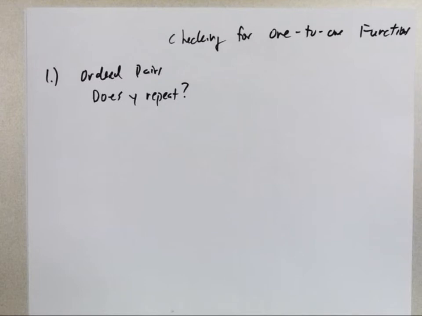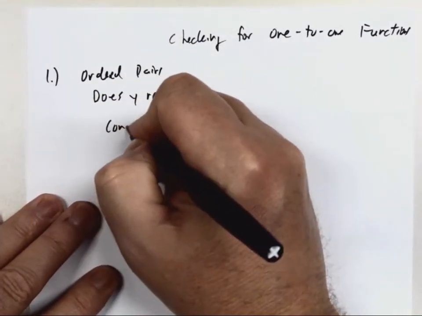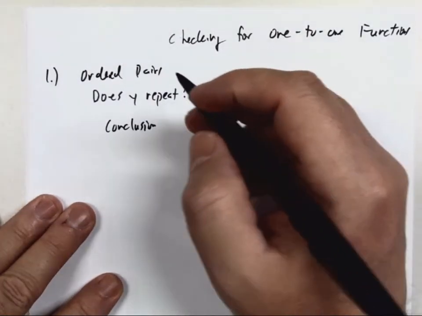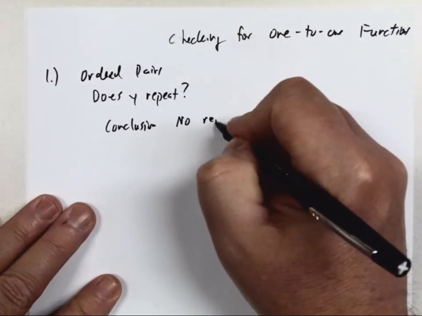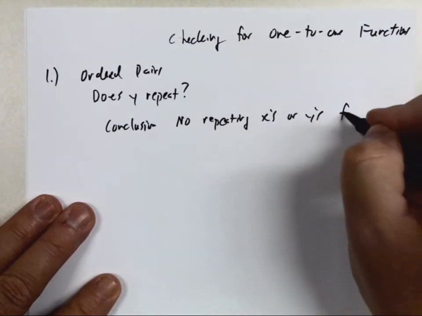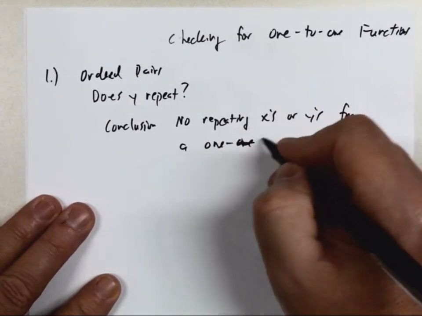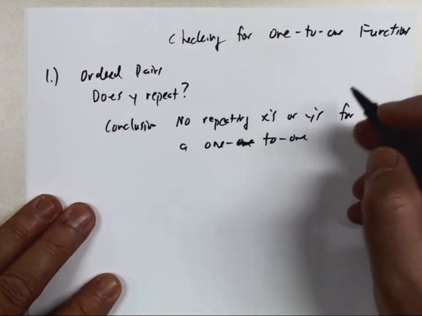So really, the one-to-one function check is that all the x's and the y's have to be unique. As a conclusion, for ordered pairs, I could say basically no repeating x's or y's for a one-to-one function.